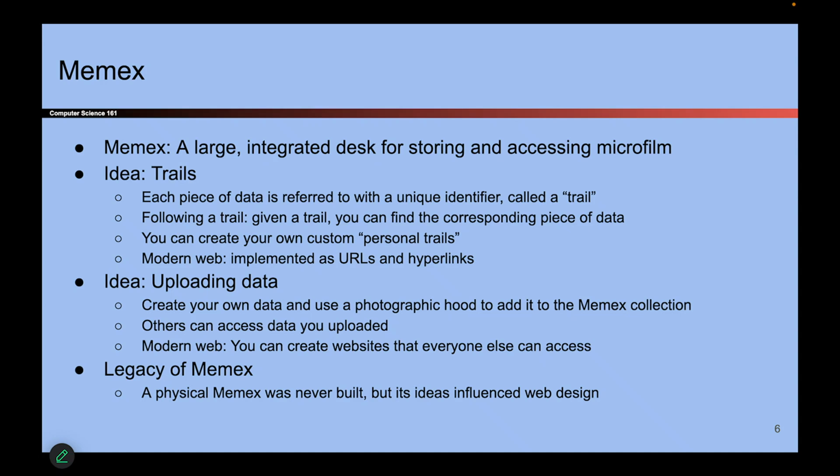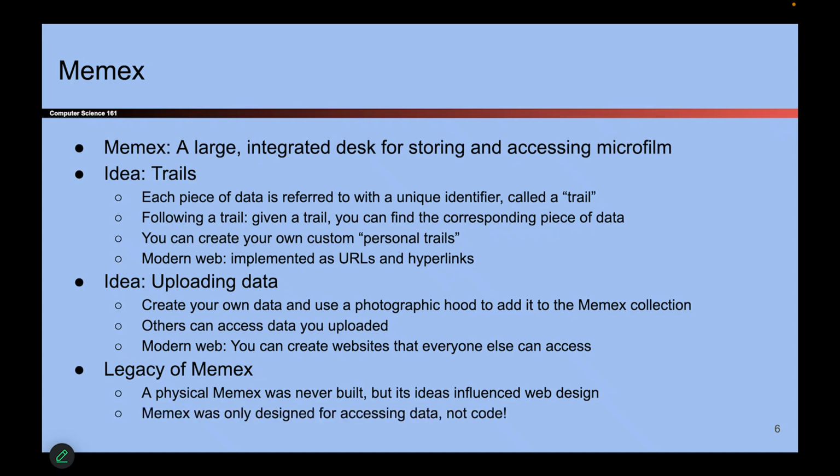That's similar to what we do today on the web. Also, anyone could upload their own data, write it in that small font, and put it in this desk, and anyone else can access it as well. This thing we're talking about, called Memex, wasn't actually built. It was a theoretical idea. But some of these ideas came back later when it was time to design the web.